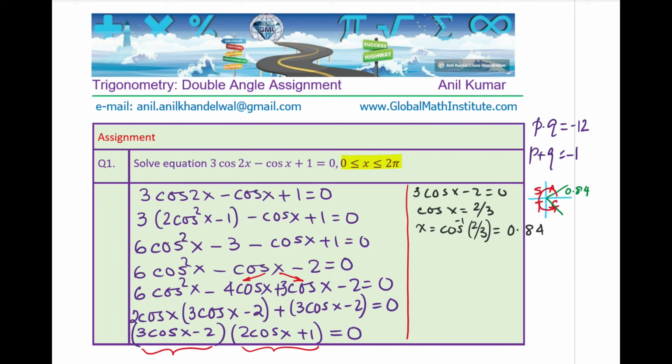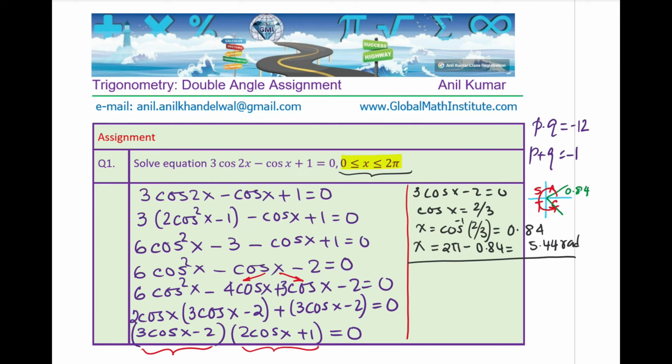The other value, because we are looking into this particular domain, will be 2 pi minus 0.84. So 2 times pi minus 0.84 will give us 5.44 radians. So these are the two answers which we get from the first factor.